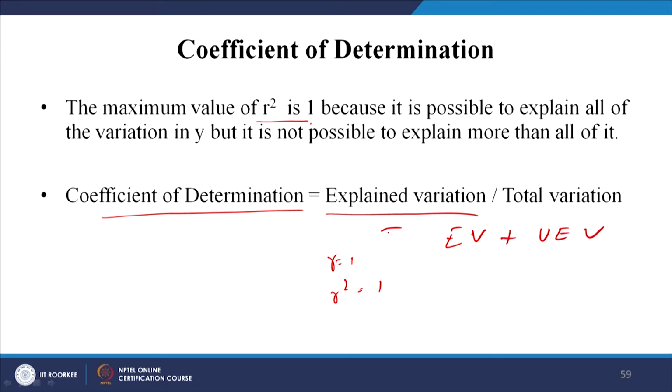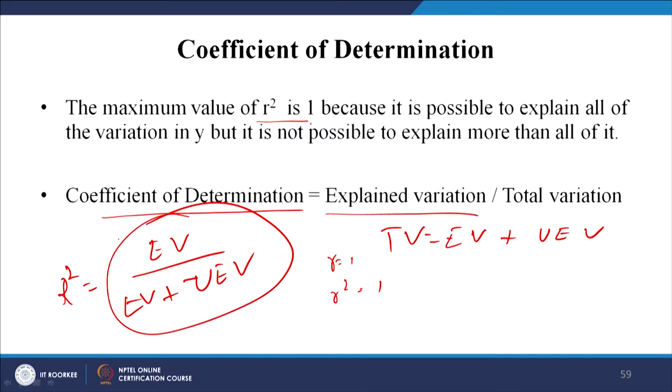So, here I am saying the coefficient of determination, or R square, is equal to EV divided by EV plus UEV, that is, the total variance. Theoretically, this is the meaning.